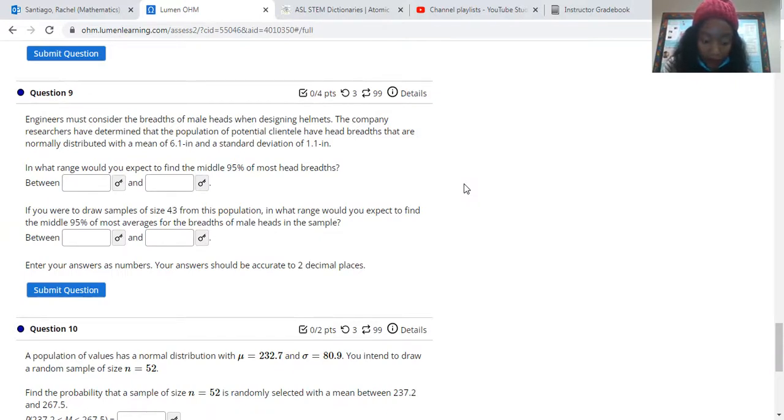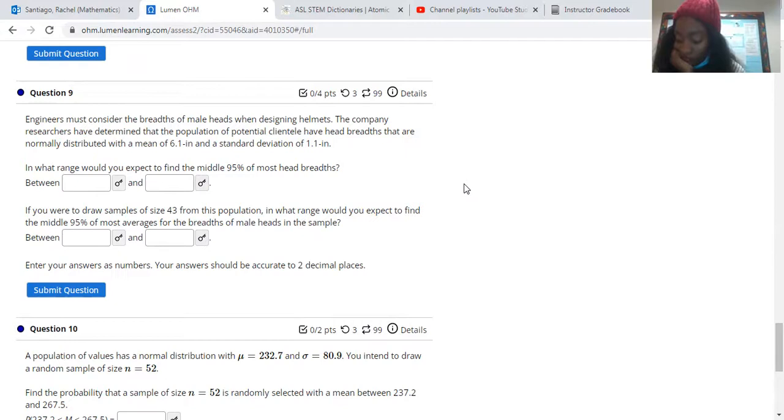The company researchers have determined that the population of potential clientele have head breadths that are normally distributed with a mean of 6.1 inches and a standard deviation of 1.1 inches. Now it says, in what range would you expect to find the middle 95% of most head breadths?